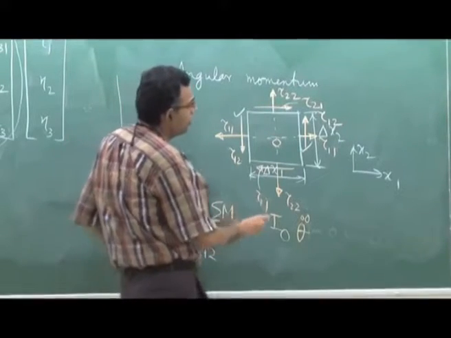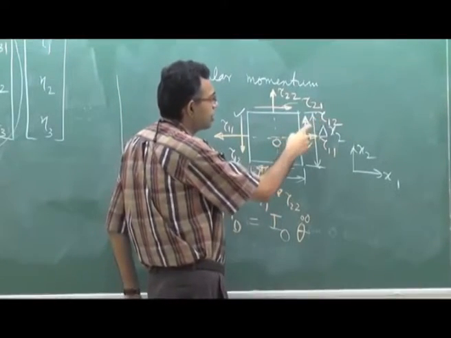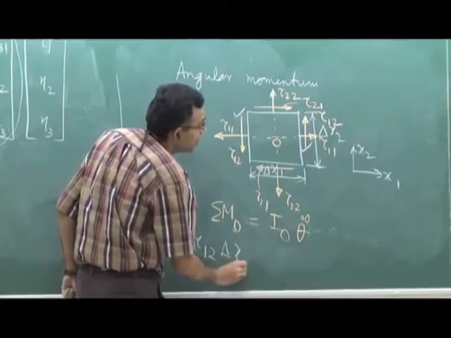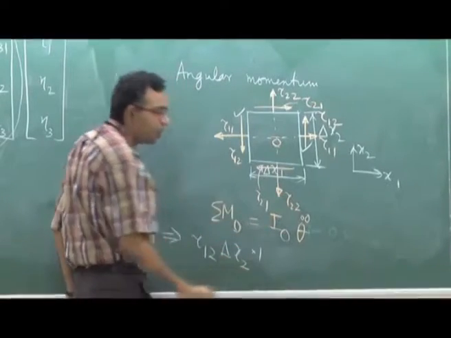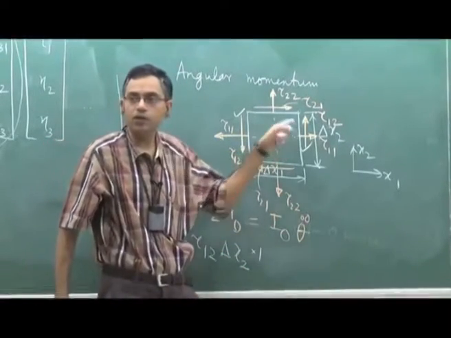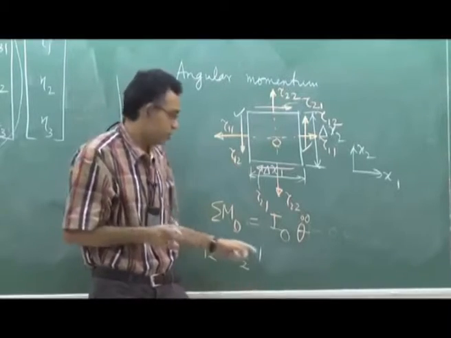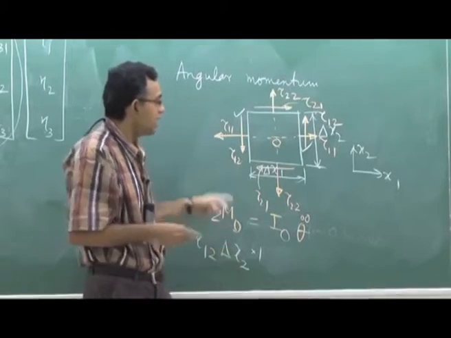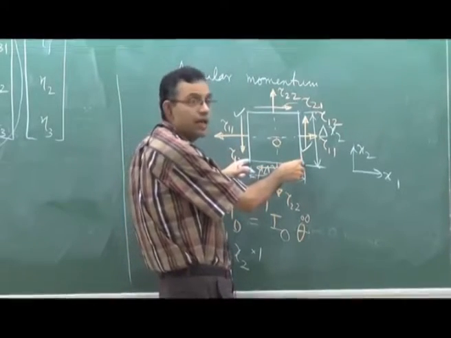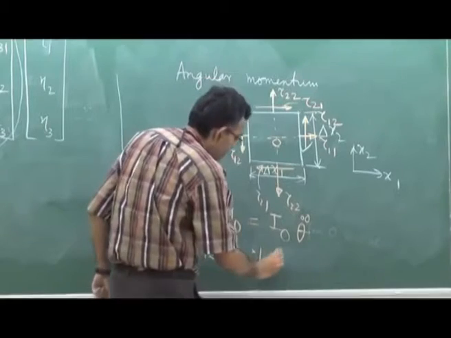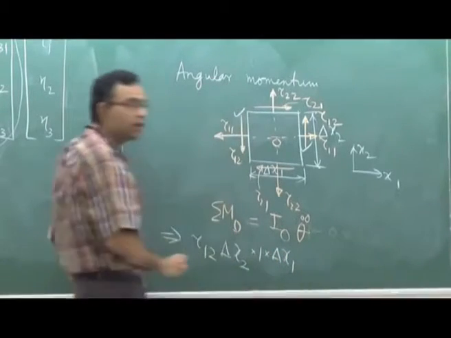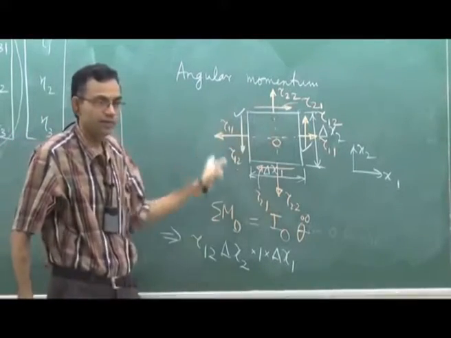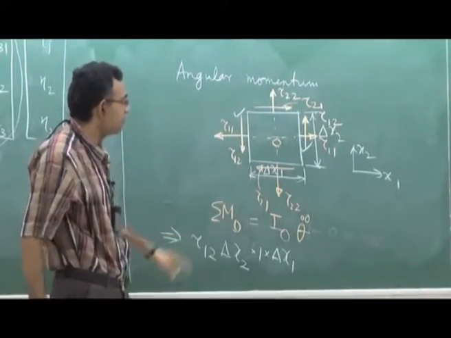Tau 1 2. What is the force? Tau is not the force. Tau 1 2 times delta x2 times, let us say the width of the element perpendicular to the plane of the figure is 1. So this is the force, times the length of the couple arm, which is delta x1. Is this a clockwise couple or anti-clockwise? An anti-clockwise couple moment is there, so positive.